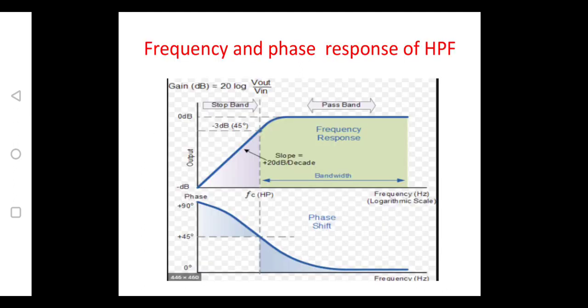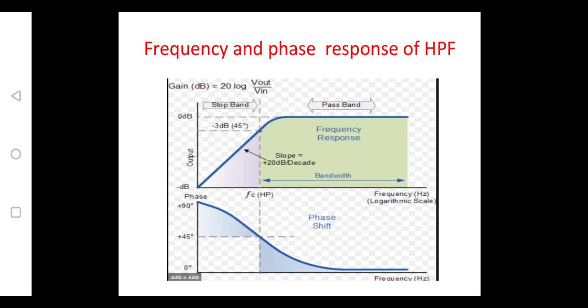So this is the frequency and phase response of a high pass filter. Here FC represents the cutoff frequency. The frequencies below cutoff are not going to be passed and the frequencies above cutoff are going to be passed.